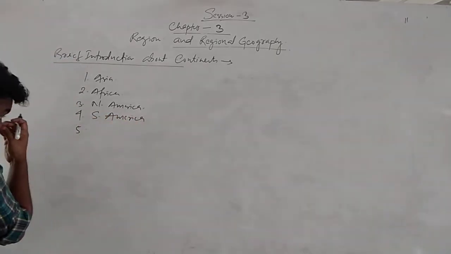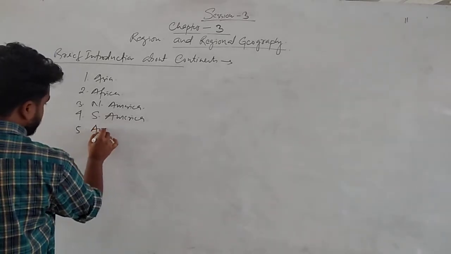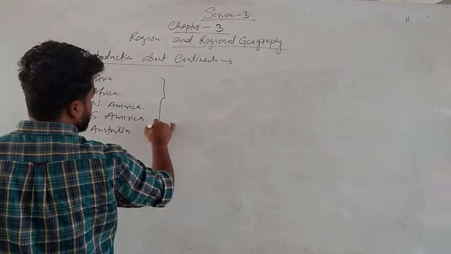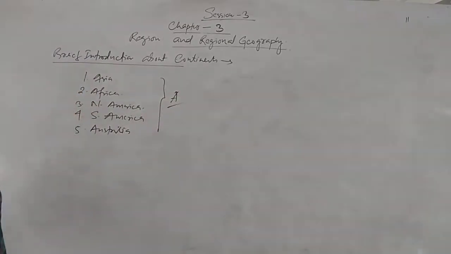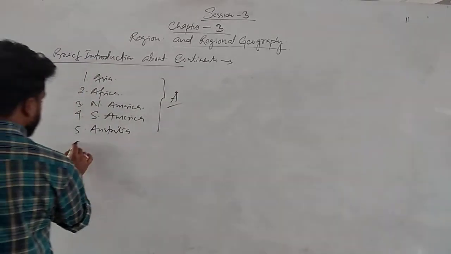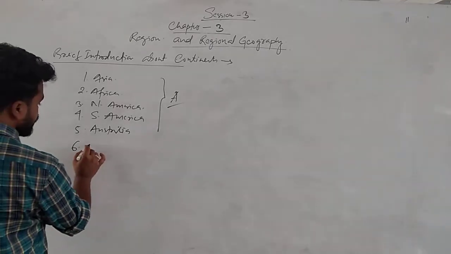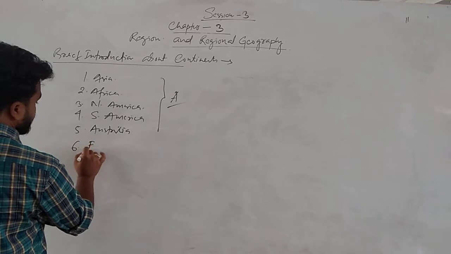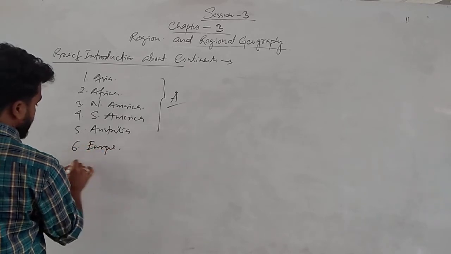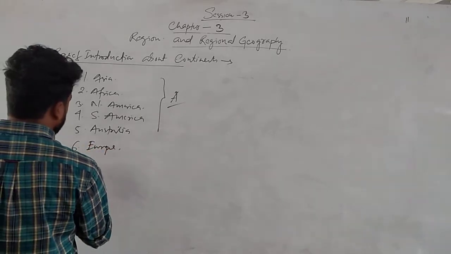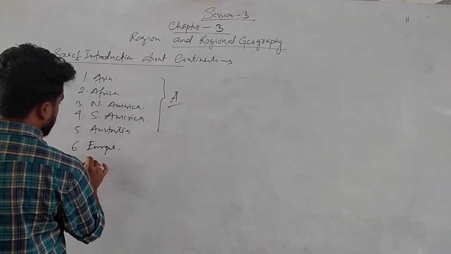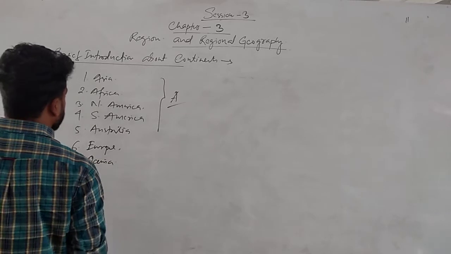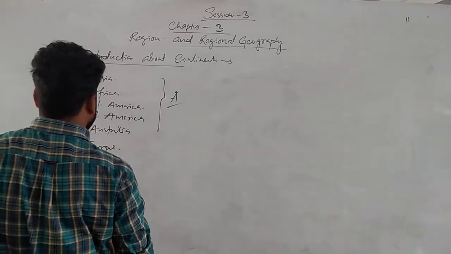Number 5 is Australia. See, it is very easy to remember, all start with A. Number 6 is Europe. Number 7 is Oceania.